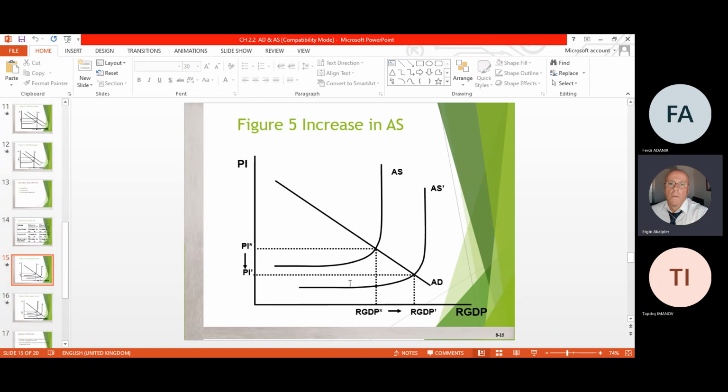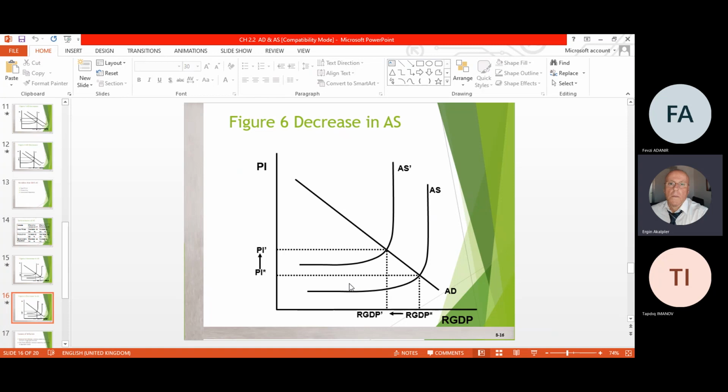And as you see here, the aggregate supply curve shifted, because of this price change, from the equilibrium, which is indicated with the P star and real GDP star, and moves and enlarges to the upper positions, because supply is supposed to be enlarged in the given direction and given graph.